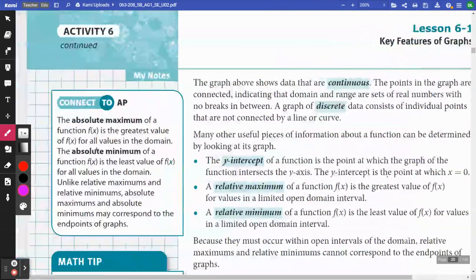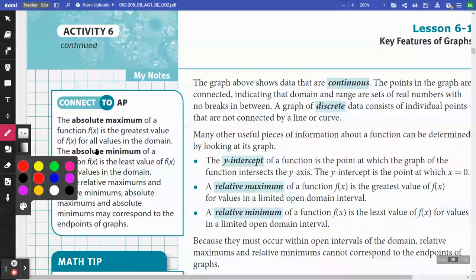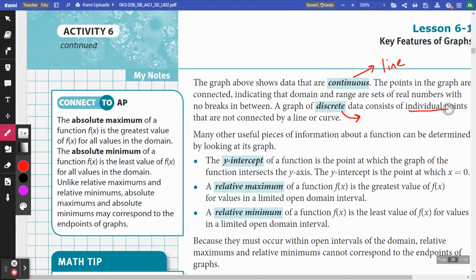So here we go. I'm going to give you some simplified definitions for every one of these, so that way you can know in your head what they mean. A continuous function. Well, you should already know that. What does a continuous function look like? A line. What does a discrete function look like? Not a straight line, just random individual points on the graph.